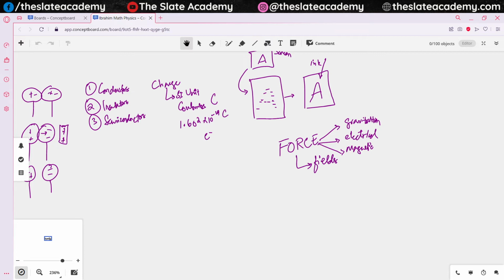Just a second. The area around a force in which the effect of the force can be felt.